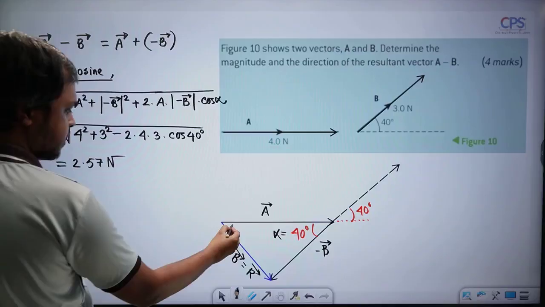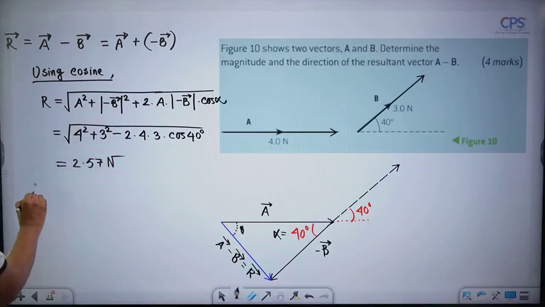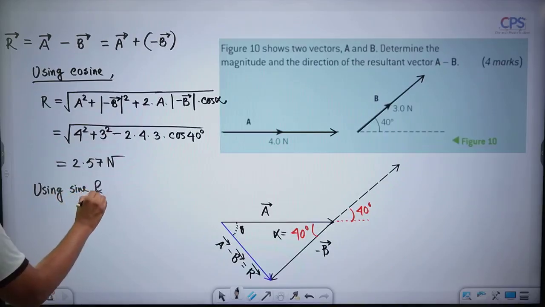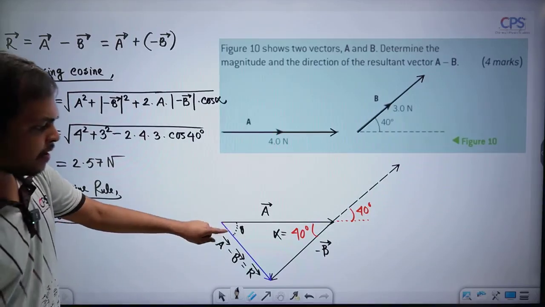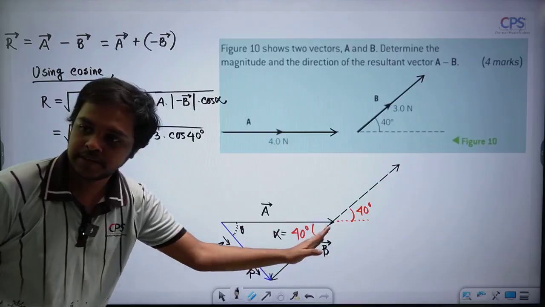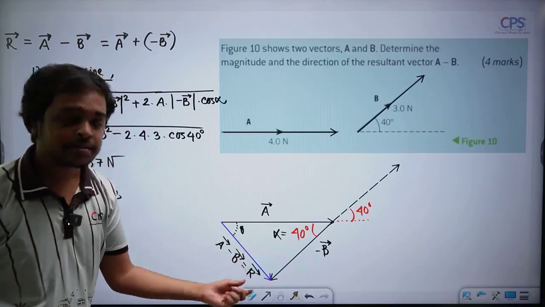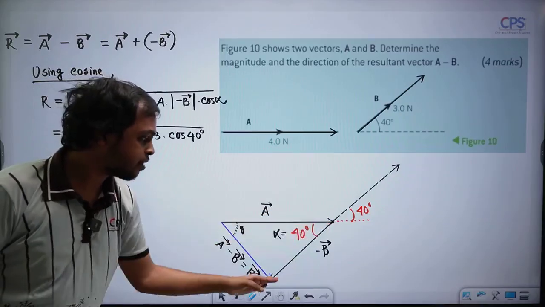And what is the direction? Let's say the direction is theta. So using the sine rule, sine theta divided by, if you take this theta, you'll need the opposite one, that is minus B, but this one is a triangle and triangles don't have minus. What we need to take is the length of this arm.